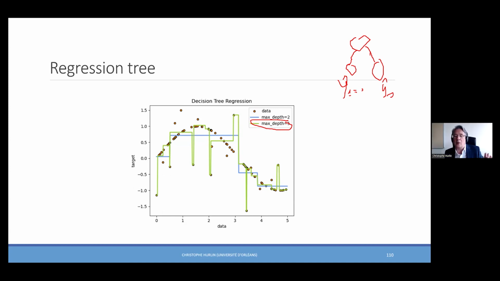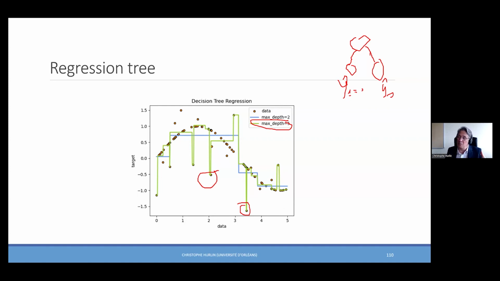On the contrary, when the depth of the tree is too large, I have potentially a large number of forecasted values of y, and these values capture some very specific features of the training sample. It's not sure that, for instance, this type of outlier will be present in the test set. And then this model may be not accurate, not adapted to new data outside the training set.